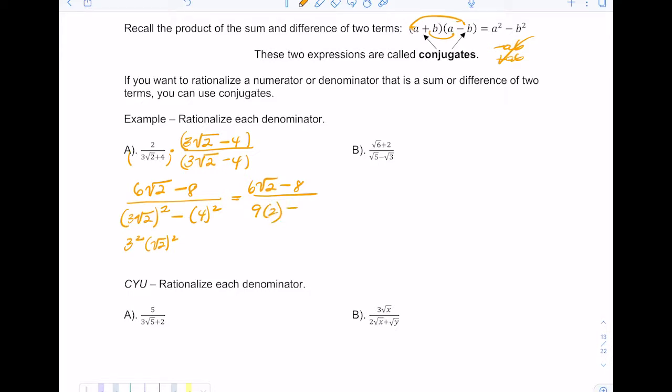And then I have minus 4 squared, which is 16. So really what I have is 6 root 2 minus 8 over 18 minus 16, which is 2. And you can simplify this. 6 divided by 2 is 3 root 2, and 8 divided by 2 is 4. So your final answer is 3 root 2 minus 4.